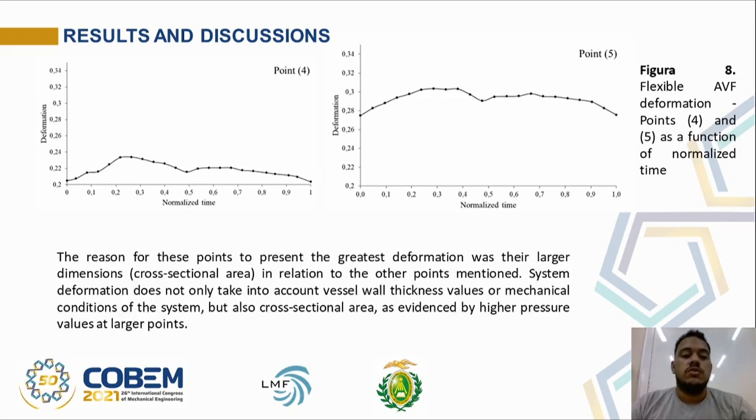The reason for these points to present the greatest deformation was the larger cross-section area in relation to the other points mentioned. System deformation does not only take into account vessel wall thickness values or mechanical conditions of the system, but also cross-section area, as evident by higher pressure values at larger points.